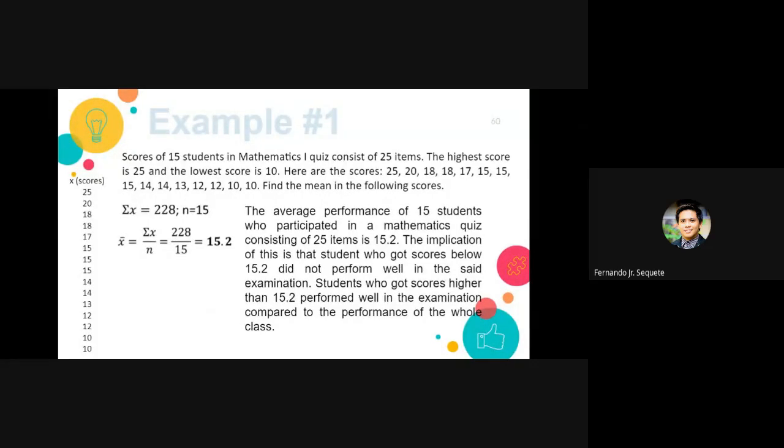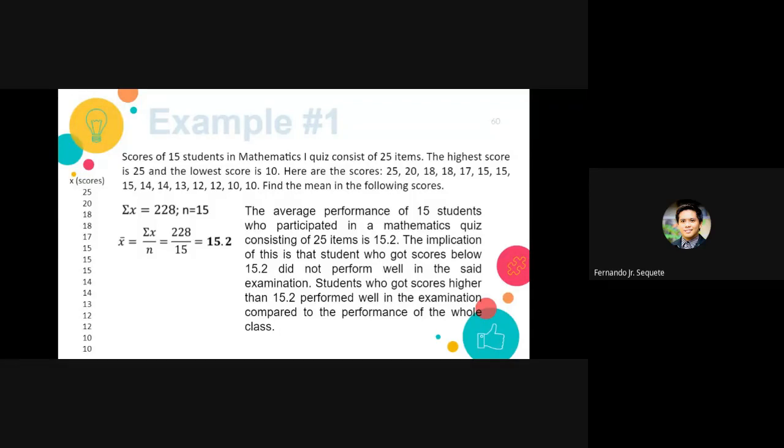According to this, the implication is that the students who got scores below 15.2 did not perform well in the quiz, and those students whose scores are above 15.2 are the students who performed well during the quiz in Mathematics 1. I hope you get the pattern of the interpretation.